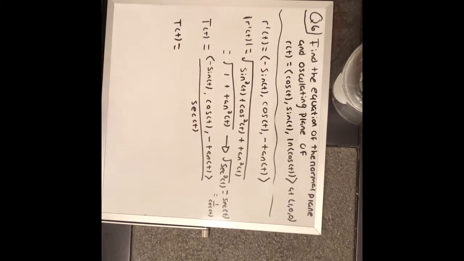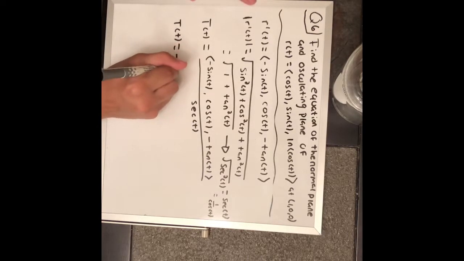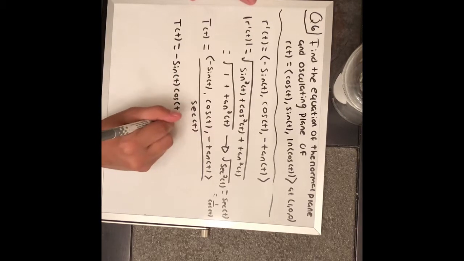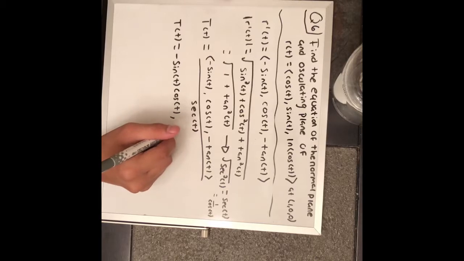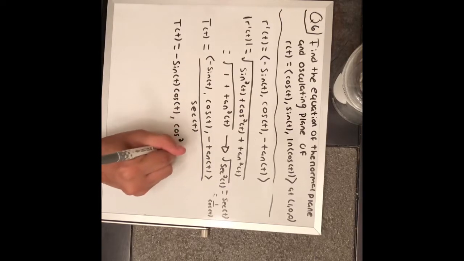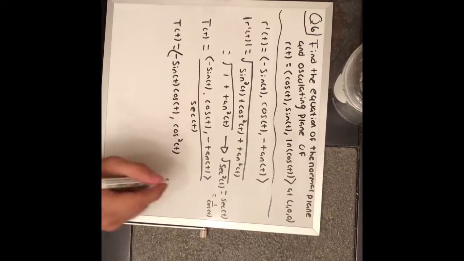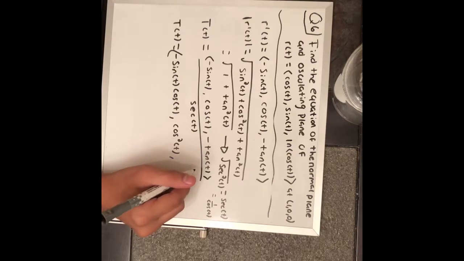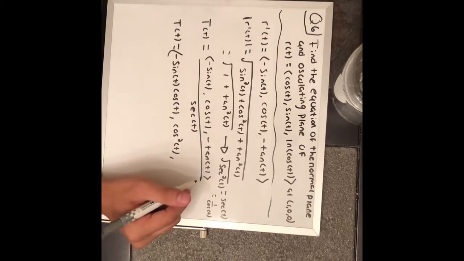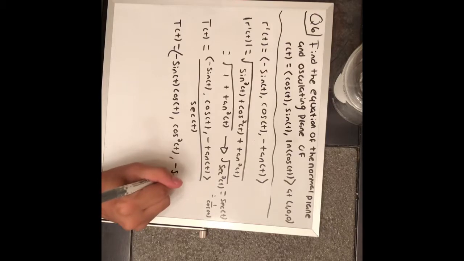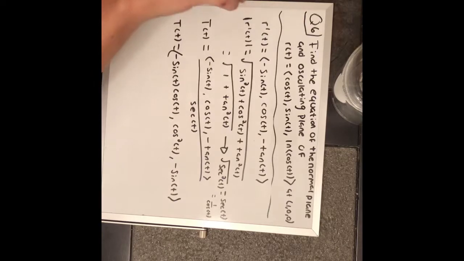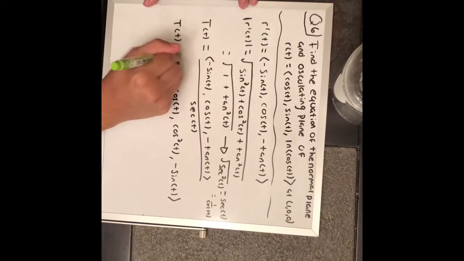Negative sine divided by 1 over cosine would just be negative sine cosine. Cosine divided by 1 over cosine is just cosine squared. And the last one is negative sine over cosine, so if we divide that by 1 over cosine, the cosines will cancel out, which will just leave us with a negative sine. Ooh, pardon me, that looks rather disturbing.